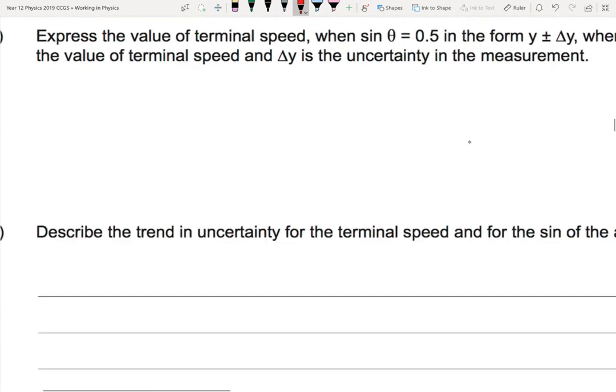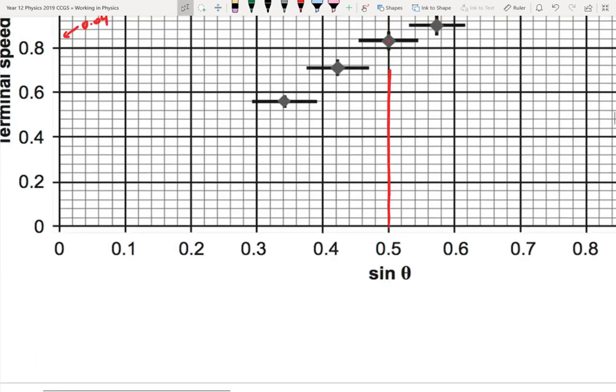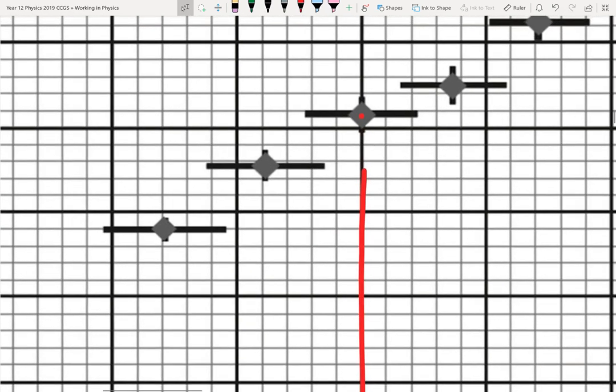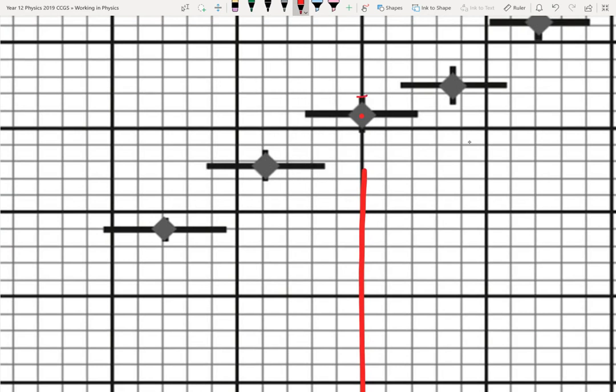So I would say your V equals 0.83 plus or minus. And then we're going to look at the size of our error bar. So remember we said that each of those semi-minor grid lines are 0.04. And it looks like we're about the length of a semi-minor grid line. We've just been shifted down a bit.